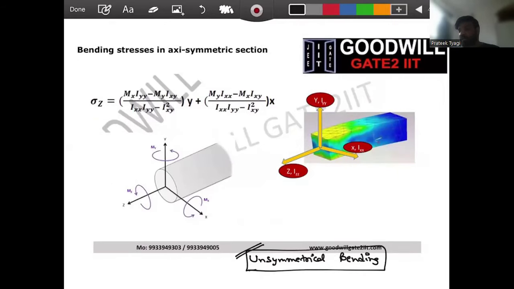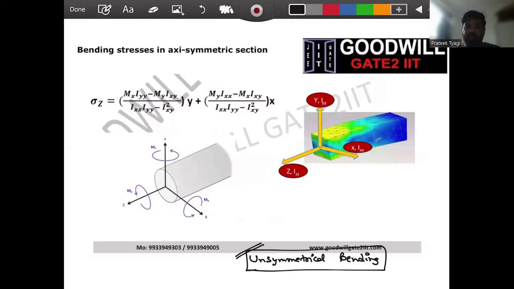So from now on, guys, this is one very common question asked in interviews. If anyone asks you what is the difference between symmetrical and unsymmetrical bending, you directly say unsymmetrical bending occurs in some inclined plane. And what is symmetrical bending? If you have pure vertical or pure horizontal, either one of them, both are known as symmetrical bending.